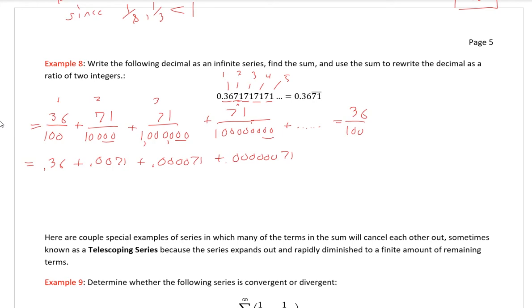So I should be able to represent all the terms after that as a summation from 1 to infinity of, I'm starting off with 71 over 10,000. That's the first value I see here. And then the next one I multiply by 1 over 100 to get all the succeeding ones.